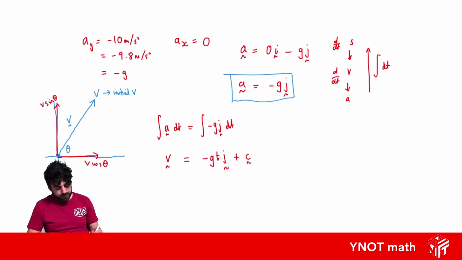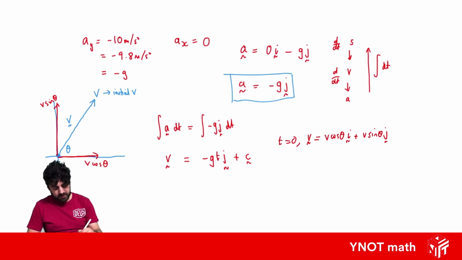Because if we're launching this projectile with an initial velocity, that's the velocity when time is equal to 0. So we know that if time is equal to 0, our initial velocity vector is going to be the x component, v cos theta i, plus the y component, v sine theta j, at the beginning.